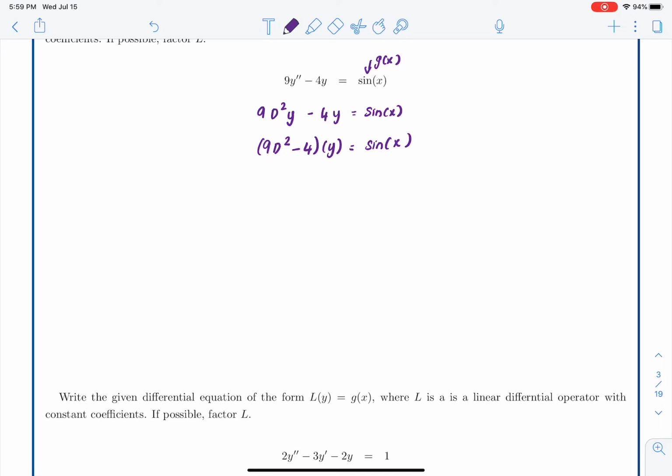Could we factor 9D squared minus 4? Yes, we can. We can factor it as 3D plus 2 and 3D minus 2, y. And that is simply L of y, and that is g of x.